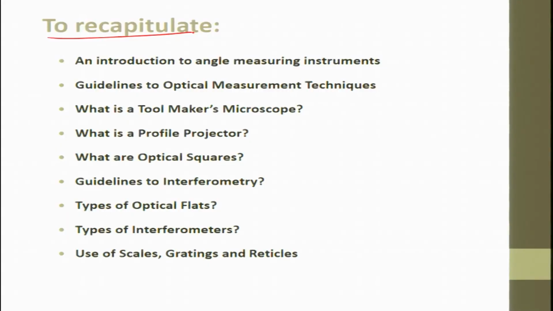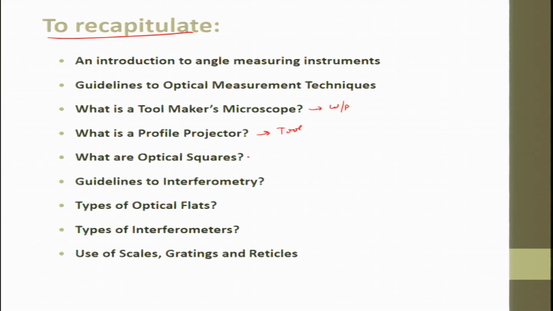In brief. Okay. To recap what we saw in this chapter: an introduction to angle measurement instruments, then guidelines to optical measuring techniques, the toolmaker's microscope used in workshops and tool rooms, then the profile projector, again in tool rooms, then optical squares, which can take care of any deviation on the datum.